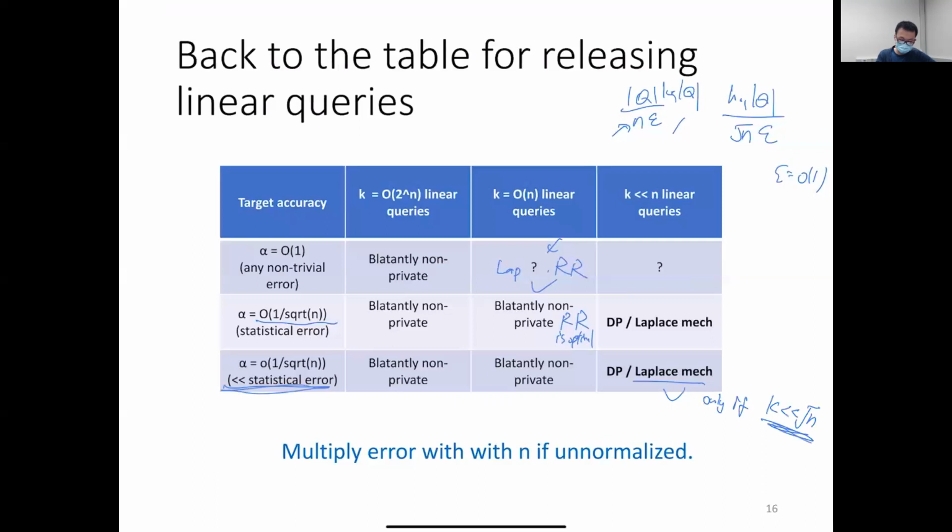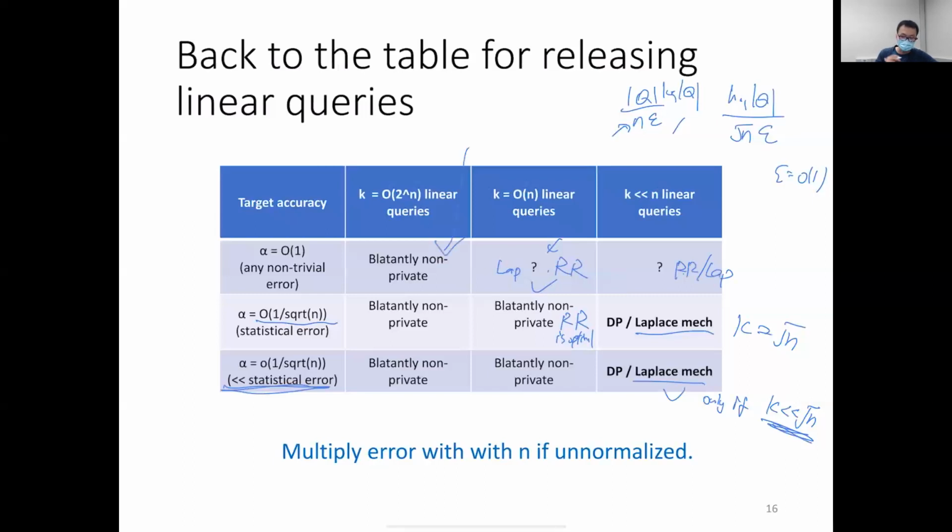If all we want is an error of square root of n, then k can be proportional to square root of n. Then the Laplace mechanism achieves this error up to a logarithmic factor in terms of log n. So if we want even weaker results, then both the Laplace mechanism and randomized response would apply to this box.